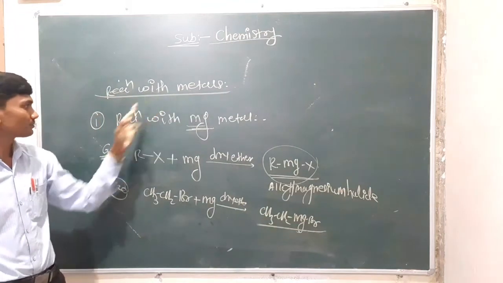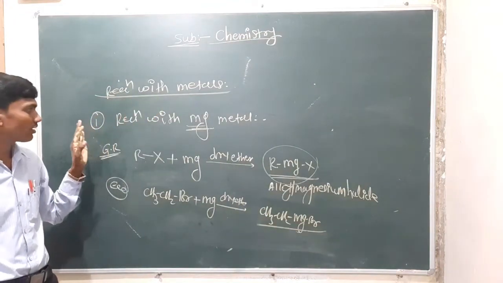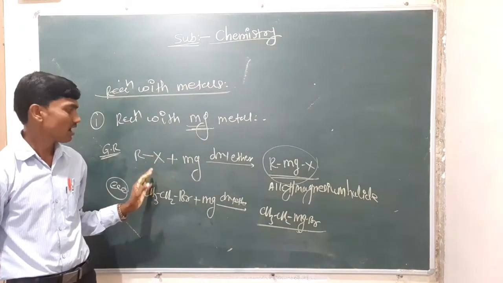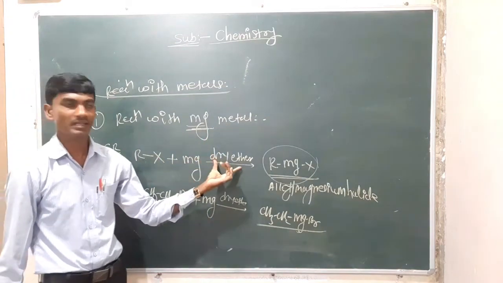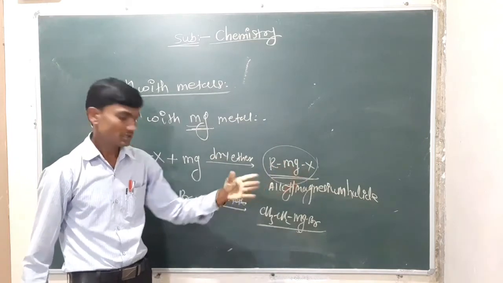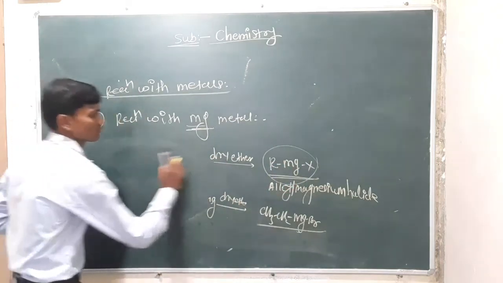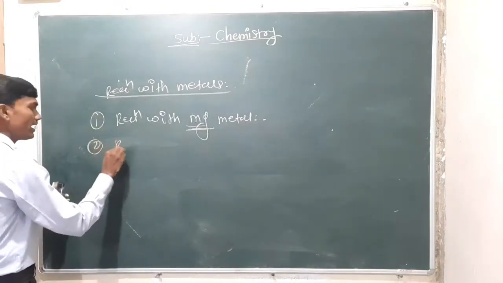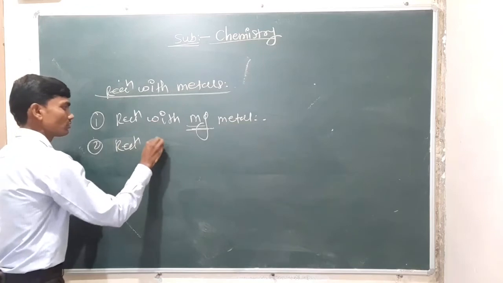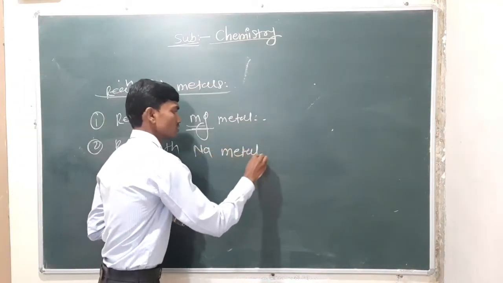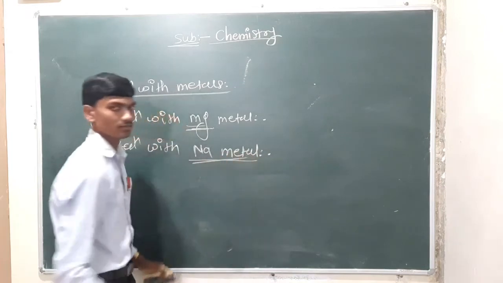Reaction with metals. The first reaction we already studied: alkyl halides react with magnesium in the presence of dry ether to form alkyl magnesium halides. Second one is reaction with sodium metal.